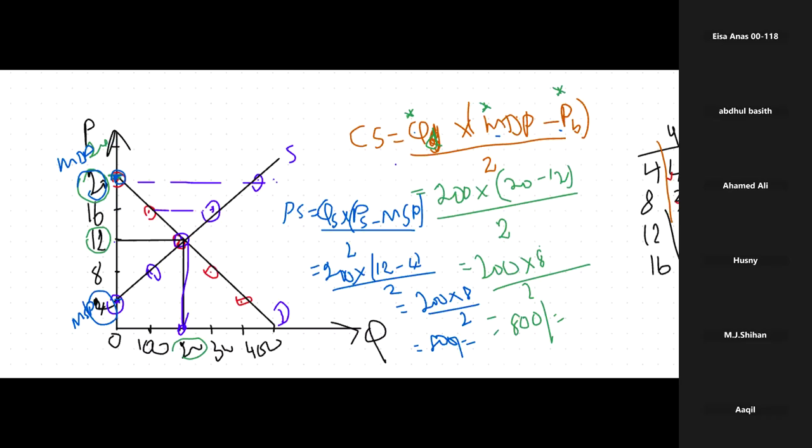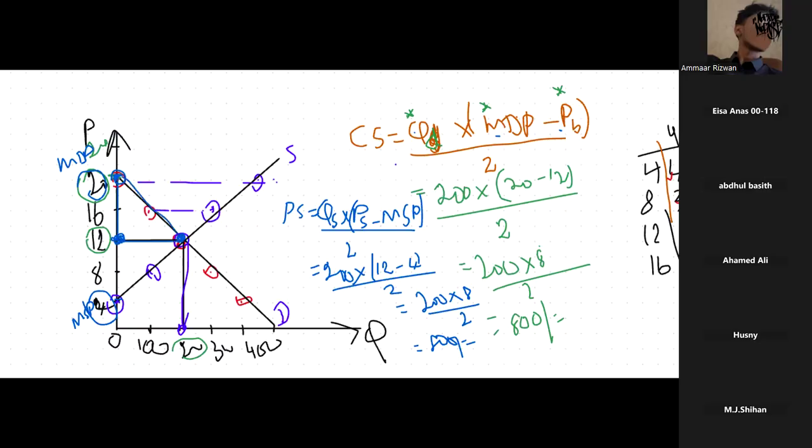Okay, boys. Consumer surplus 800, producer surplus 800. Now see, I will just show you the areas we have covered so far, the consumer surplus and producer surplus. Now see this: 12 rupees buyer's price, 200 QD, maximum demand price 20. So this triangle is the consumer surplus.